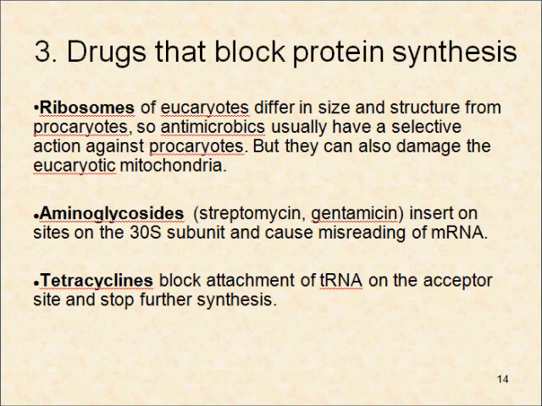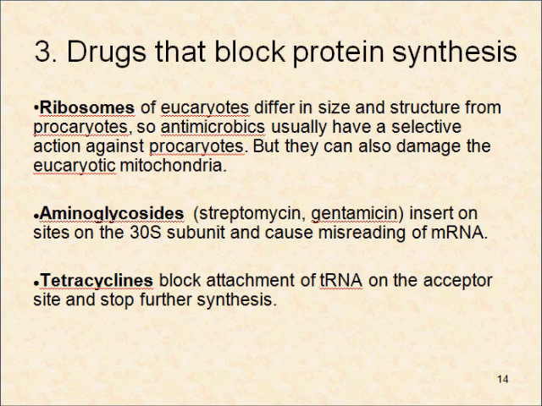Some examples of these: the aminoglycosides, which include streptomycin and gentamicin, insert on sites of one of the subunits of the ribosomal RNA and cause a misreading of the messenger RNA.